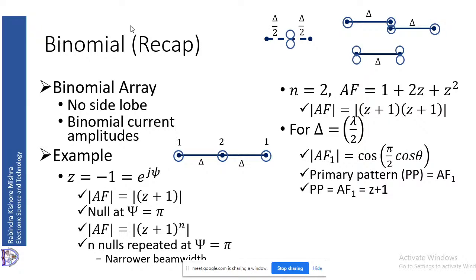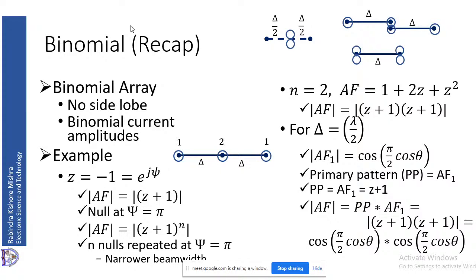If two elements are separated by lambda by 2, then the array factor for those two elements is again cos pi by 2 cos theta. So the total array factor will be cos pi by 2 cos theta into cos pi by 2 cos theta. That gives you the array factor for the binomial array, if I am considering three elements, 1, 2 and 1.